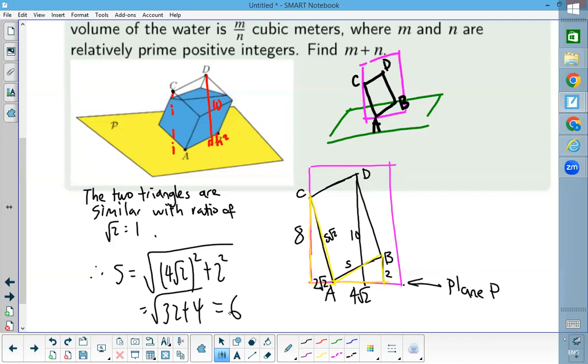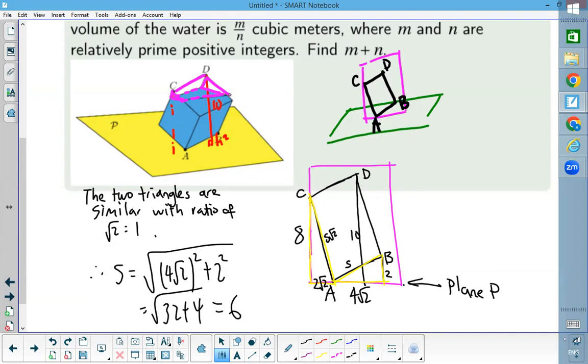Let's try to find out something about this shape on top. What is this shape? We need to find its dimensions, the relative dimensions of that.